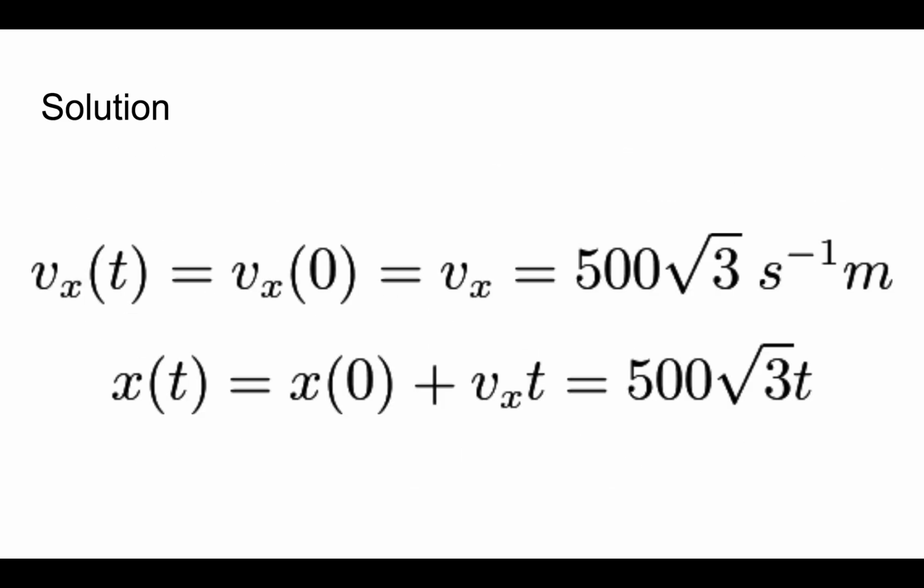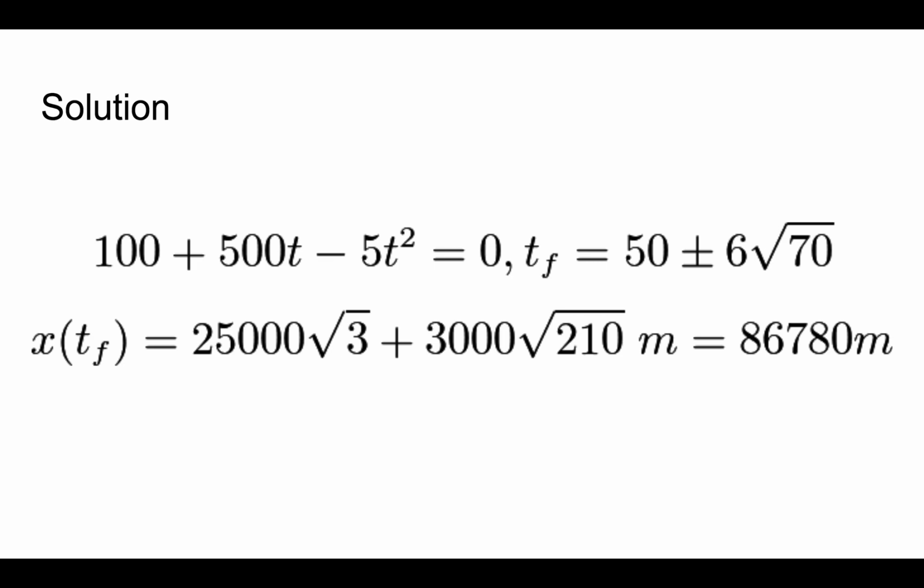Recall that our function for x of t was just 500 root 3 times t, so we multiply that by the t we found, and our solution is 25,000 times the square root of 3 plus 3,000 times the square root of 210 meters, which, if we do the math and round it to 4 significant figures, since the largest number we had earlier was 1,000, is 86,780 meters. So that's projectile motion.